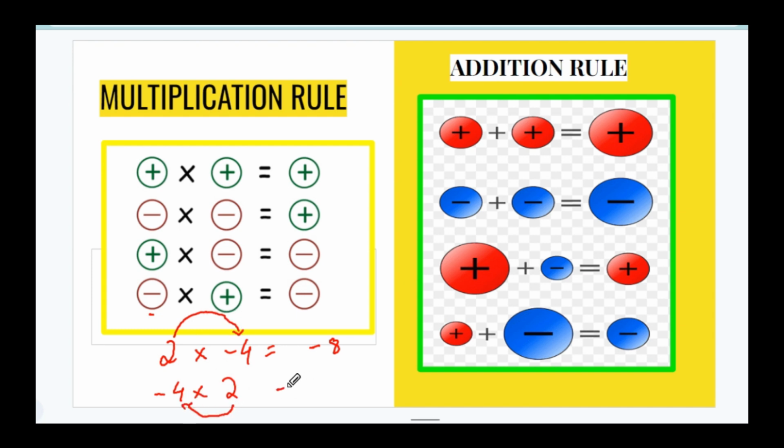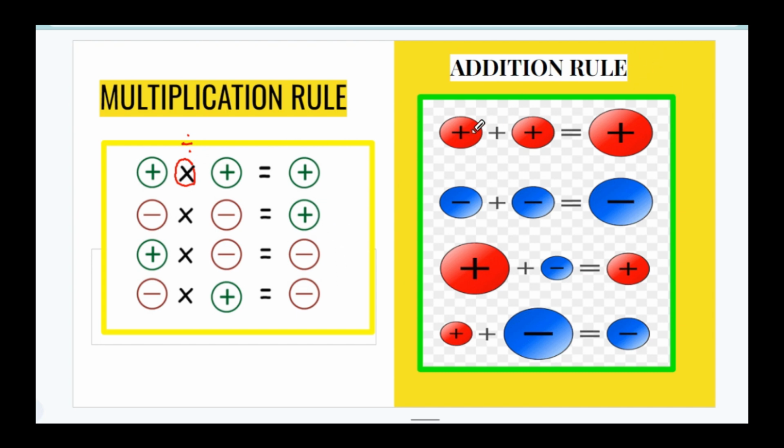So minus 4 times 2 is again minus 8, because one number in the multiplication has a negative sign, so the answer will also be negative. When we do the questions, you will learn more about this. And remember, multiplication or division follows the same sign rules.